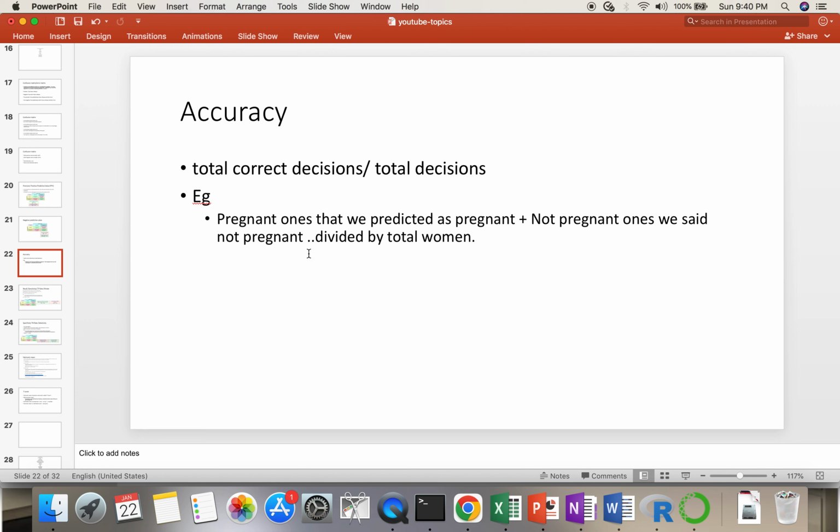So we are dividing by the total women in this case, and the total correct decisions are the pregnant ones, which we predicted as pregnant, plus the non-pregnant ones, we said non-pregnant. So they are the true cases, true by the total women.